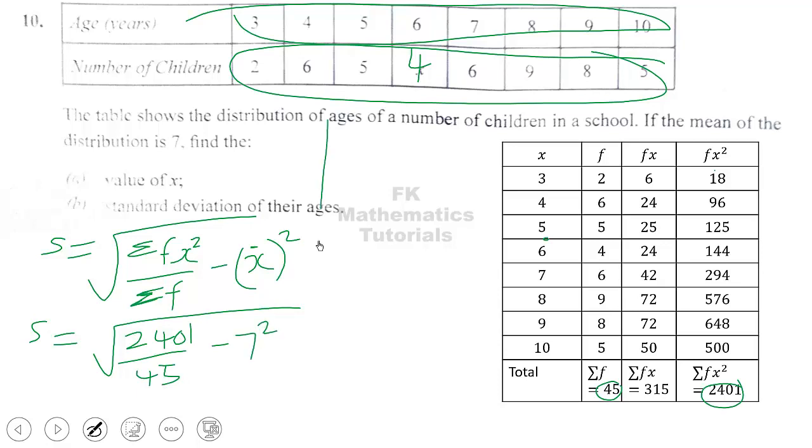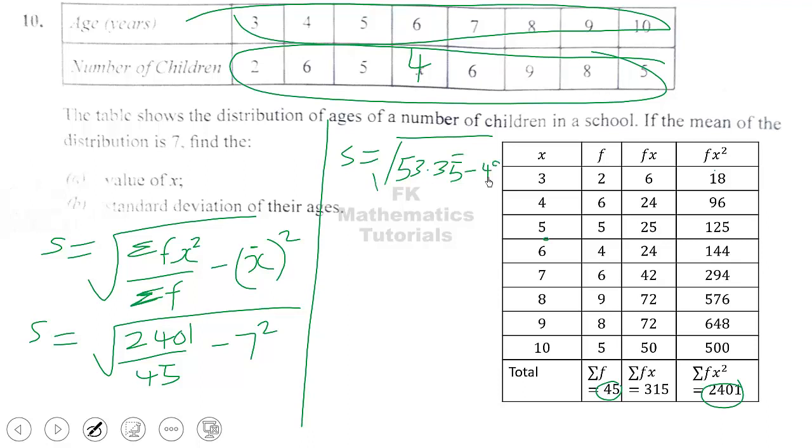And this will be equal to square root of 2401 divided by 45 is 53.35 recurring. The 5 is recurring.